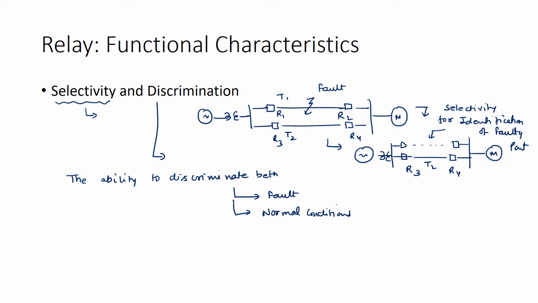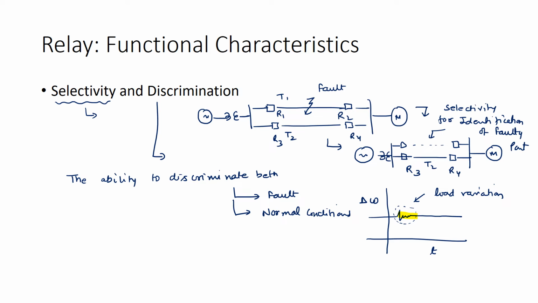I will give you an example. Suppose there is a generator swing. Let me say this is the rotor angle of the generator and this is time t. There is a local swing, and this is due to load variation. This is not a fault, but it is due to load variation. So what I am expecting from the relay is that this part should be discriminated properly.